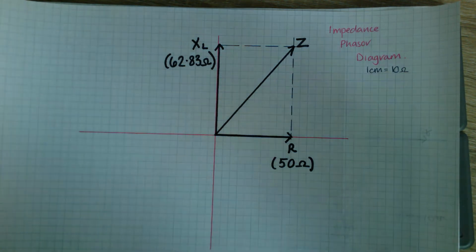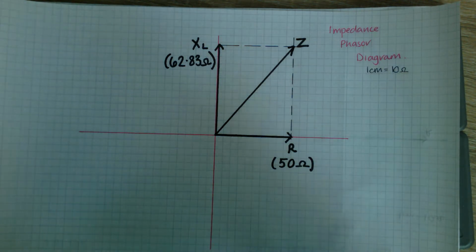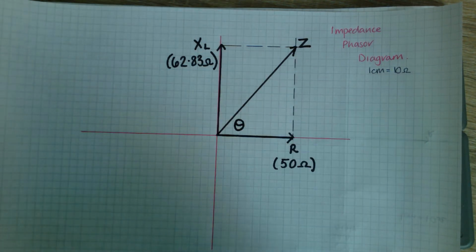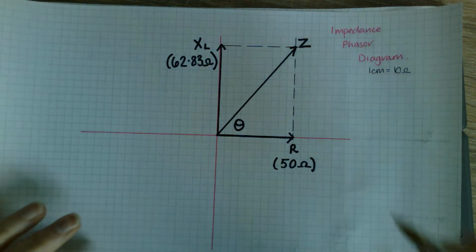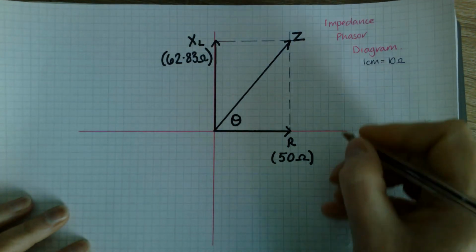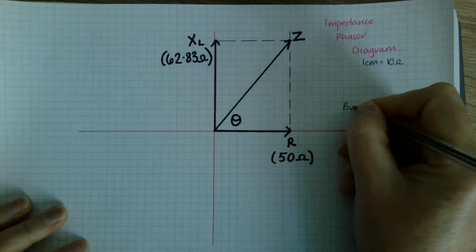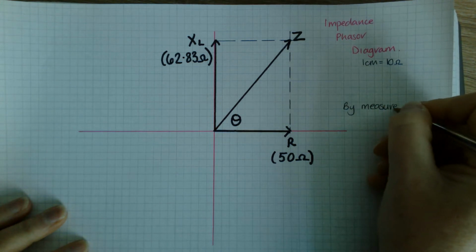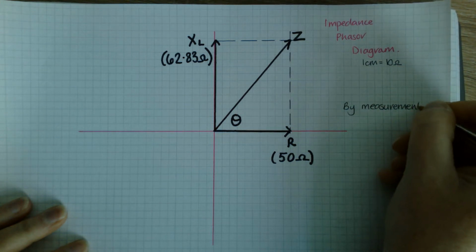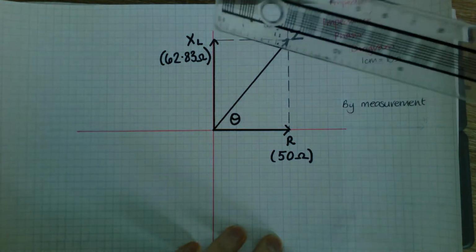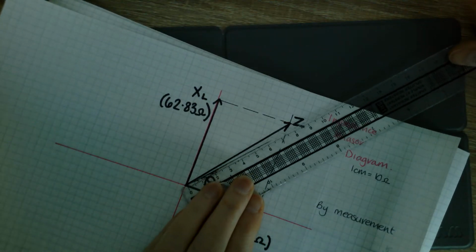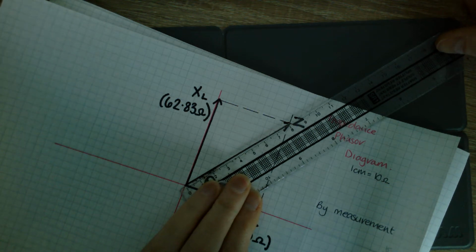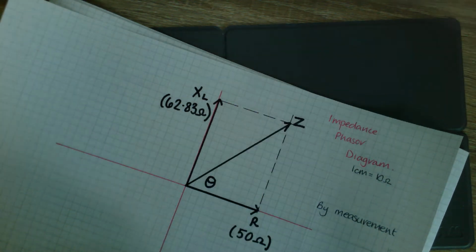So measuring this, that would be your circuit phase angle in here as well. So having a look by measurement first, by measurement, my Z is about 8.1 centimetres.